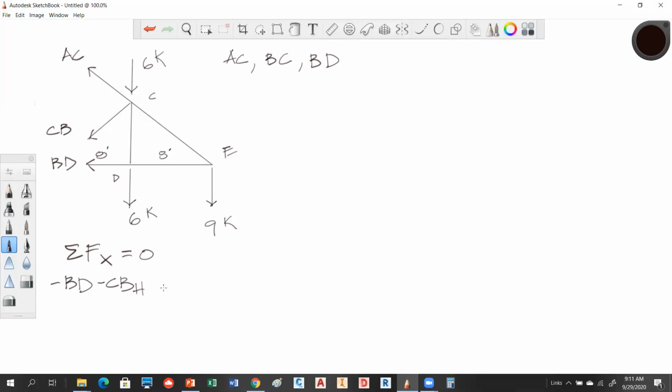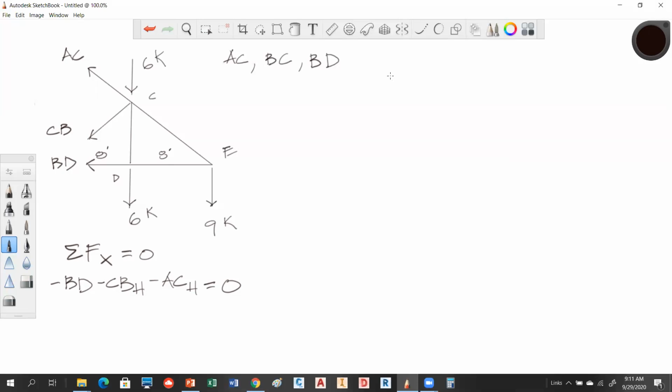And then this guy will bring a minus AC horizontal, and all of that has to be equal to 0. And what that's telling me is that two of them have to be wrong, because all those negative numbers can't equal 0. So we know that we've got something mismatched, but that's okay.